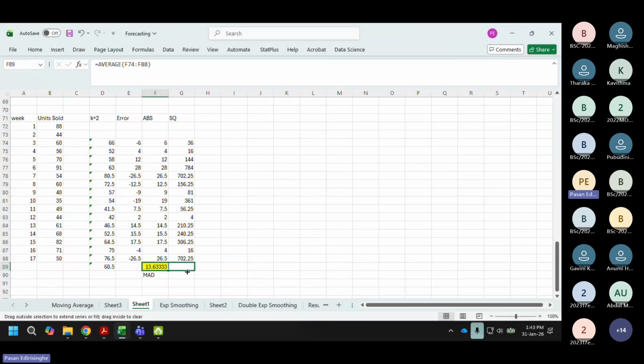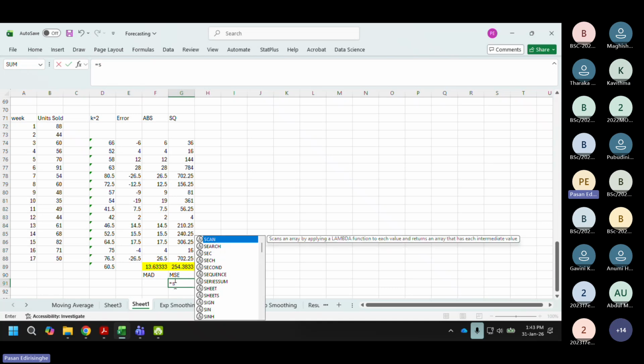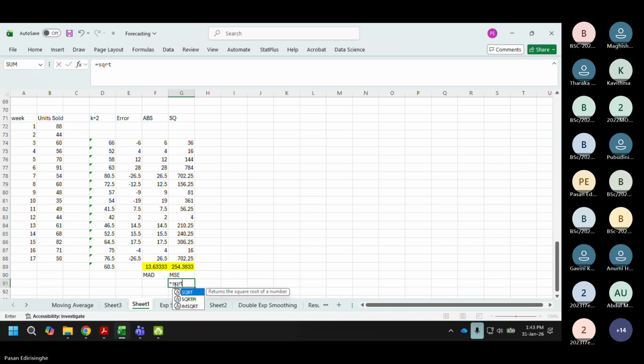I can just fill this out, and that's going to be the mean square error. And then of course I can take the square root as well. So that is the root mean square error.